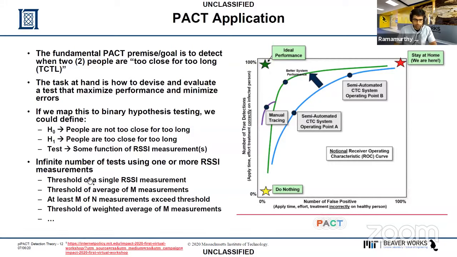For the first test, the threshold of a single RSSI measurement, the parameter you have is the critical value. That's what would slide you along this blue line, for example, if that blue line was this test. The next test I try is averaging M measurements. Now maybe I have two parameters: one is what is the value of M, how many measurements am I averaging, and what is the threshold.